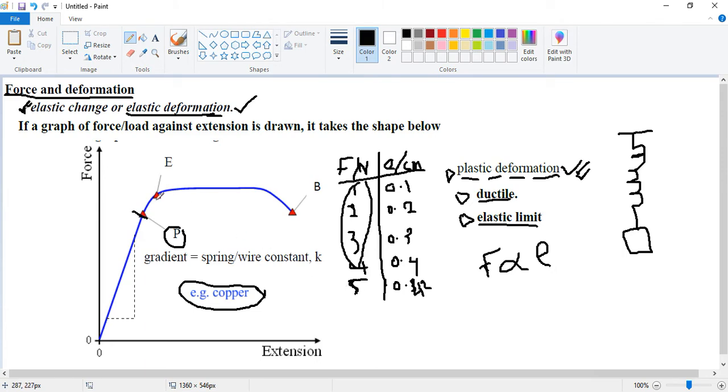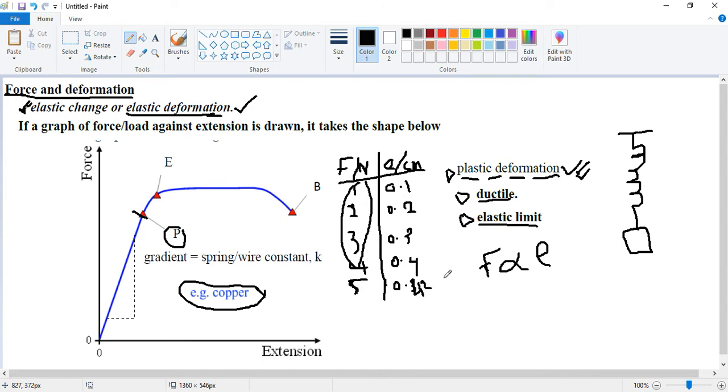So it means you have added a load which is very big, and the extension is no longer proportional to the applied force. There is that region where, when you remove the load, the material goes back to its original length, but the extension is not directly proportional to the applied force.